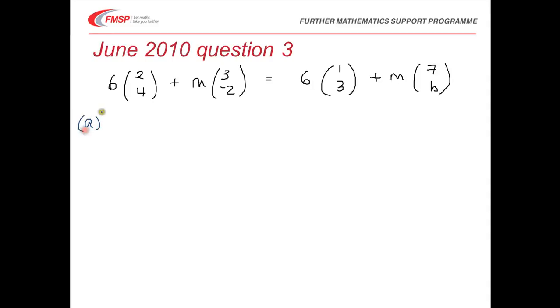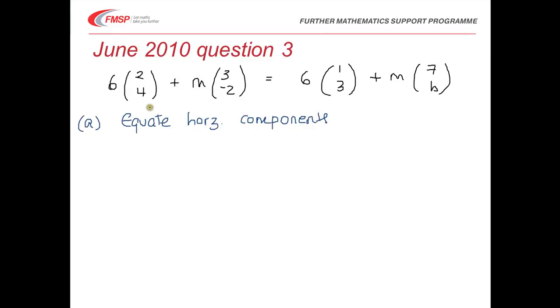So if you think you've got a horizontal and a vertical component for each of them, what we could do is equate the horizontal components. Or if you're using i's and j's, if you prefer that, you could say equate the i components, but I'm just doing it horizontally.